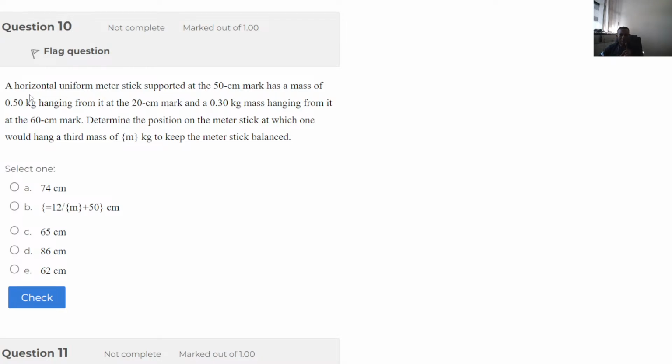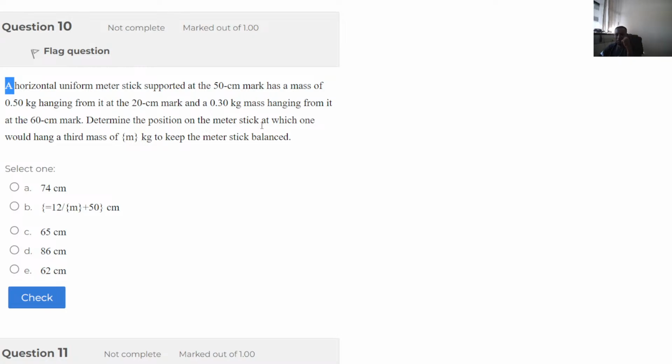It says a horizontal uniform metric stick. You see A is the meaning. It has 1 meter. A horizontal uniform metric stick supported at the 50 centimeter mark has a mass of 0.5 kilogram hanging from its 20 centimeter mark, and then a 0.3 kilogram mass hanging from it at the 60 centimeter mark.